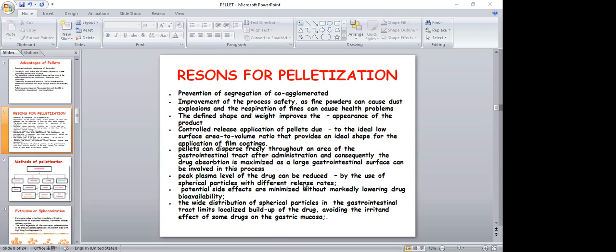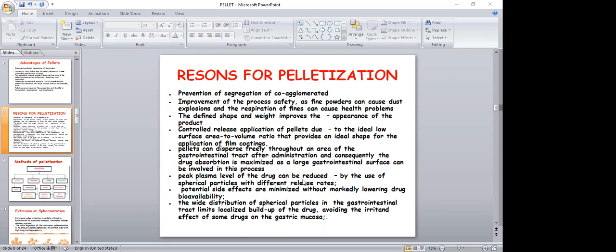The side effects of pellets are very minimal, and they don't affect drug bioavailability. These are all the reasons we go for the pelletization technique.